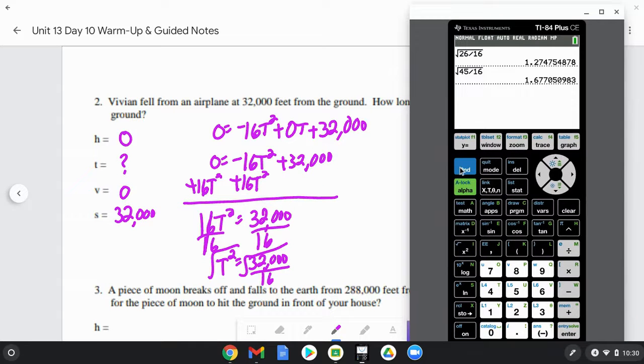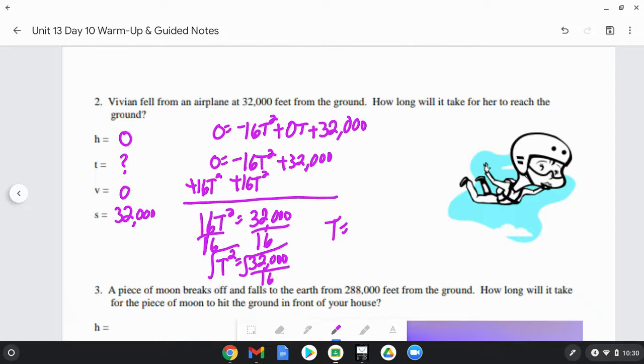So we go second, square root, 32,000 divided by 16. And we get 44.72 seconds. So that's a good amount of time it takes to fall from that high.